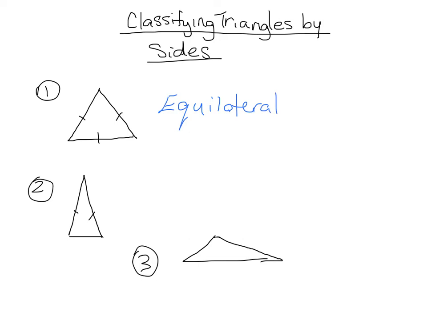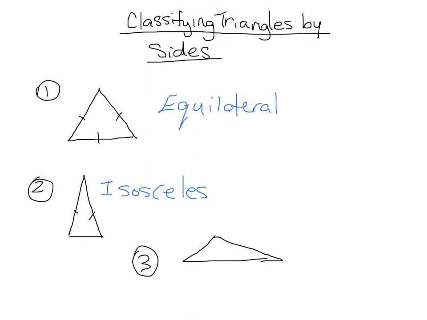Alright, so something similar, but now it's not all three sides that are equal. It's just two sides that are equal. The third side may or may not be equal. In this case, our triangle is called an isosceles triangle. So just so you know, an equilateral is also an isosceles, but an isosceles triangle is not necessarily going to be an equilateral.